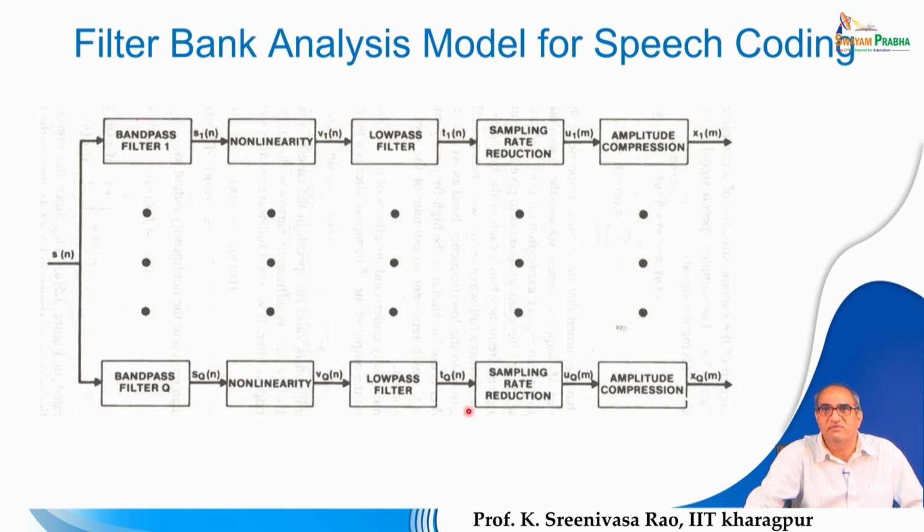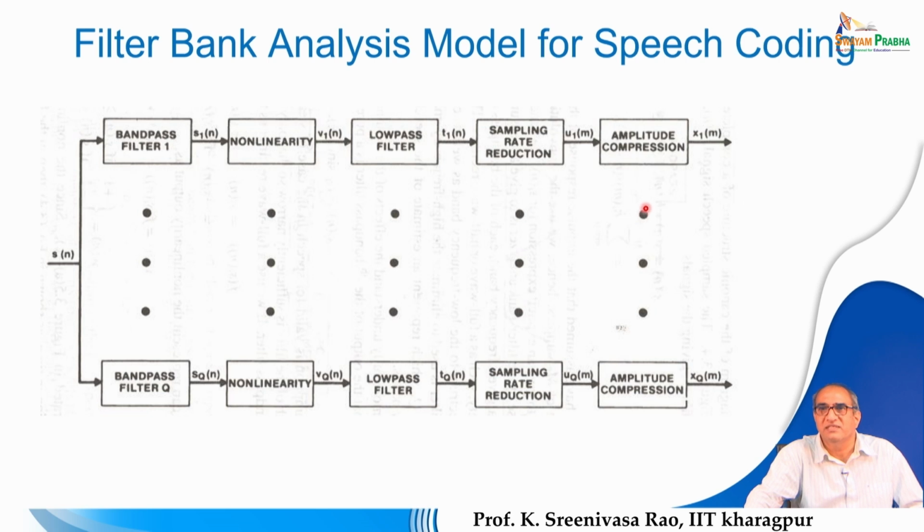Here my low pass filtered output contains a frequency range of only 20 to 30 hertz, so we can reduce the sample rate to a very low rate of 50 hertz. Therefore, the number of samples required to represent the speech will be 50 samples per channel. There are 16 channels, 16 filtered outputs, and 16 into 50 gives you 800 samples.